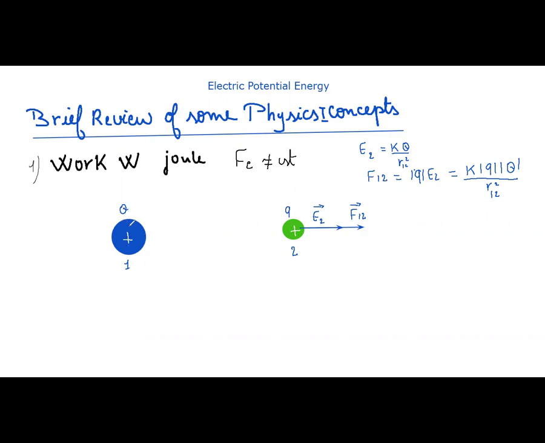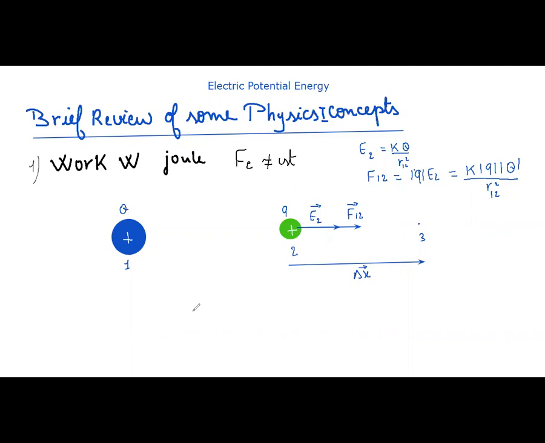Let's say the charge here, capital Q, has a fixed position, constant. It cannot move. The charge capital Q will push the small q away from the position 2 to the position 3. So the object will move from here to here. So here we have a displacement between this position and this position. Let's say we have delta x.